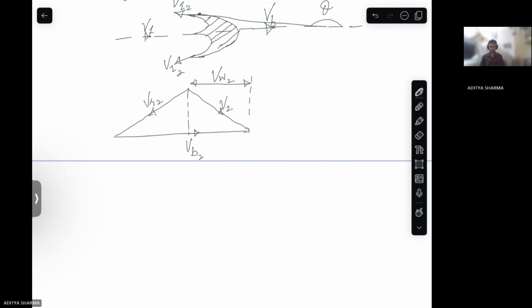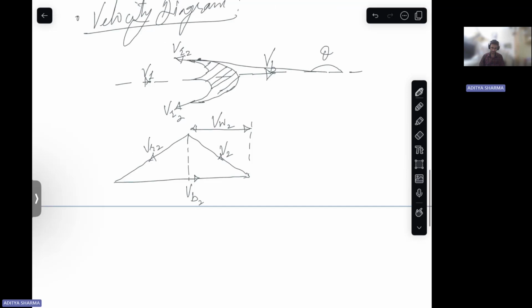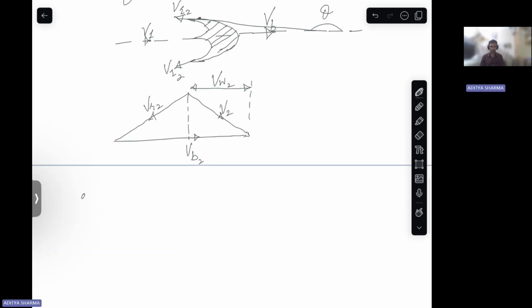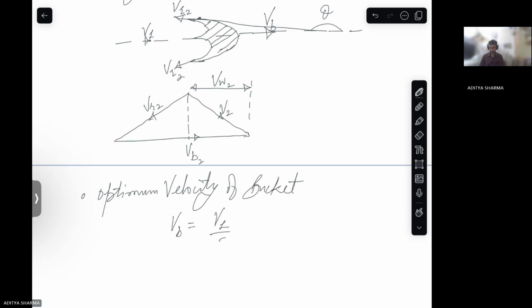All right, then the expression for energy transfer is given, right? I'll not jot that down. So expression for energy transfer, then optimum velocity of bucket, of blade velocity. If you are giving velocity v1, in that case optimum velocity is v1 by 2.